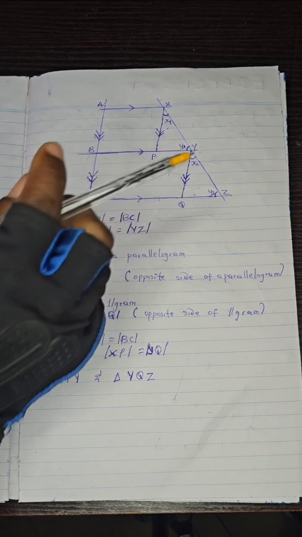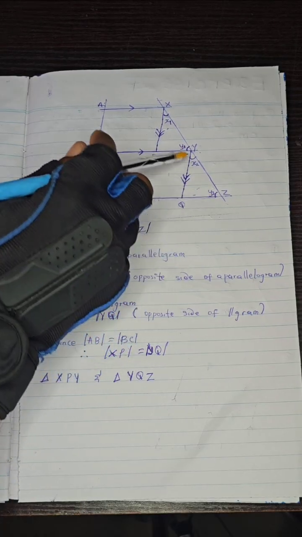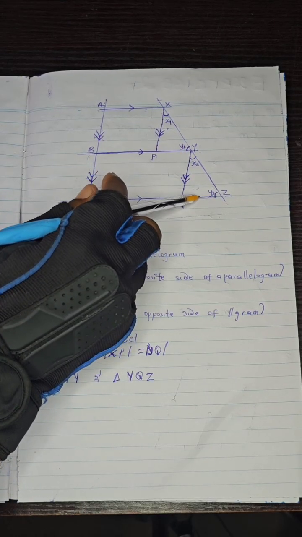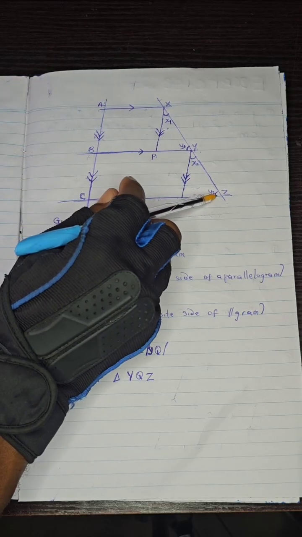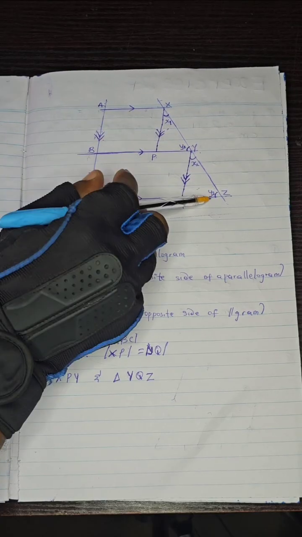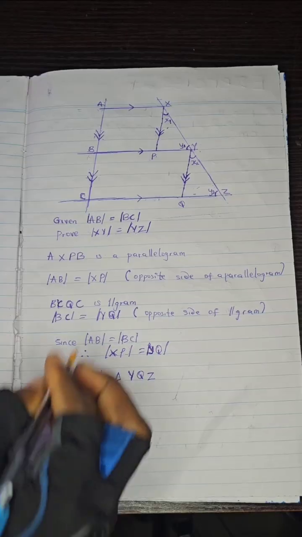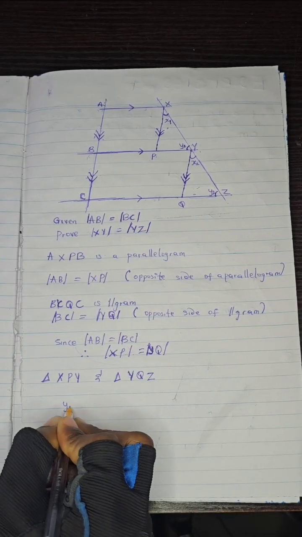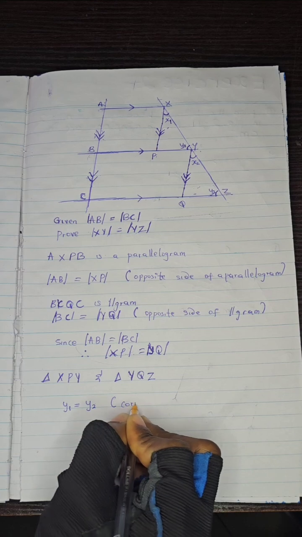According to our geometry, these are corresponding angles. When there are parallel lines and a transversal crosses them, angles in the same position are called corresponding angles. From there we can say that Y1 is equal to Y2, reason being that they are corresponding angles.